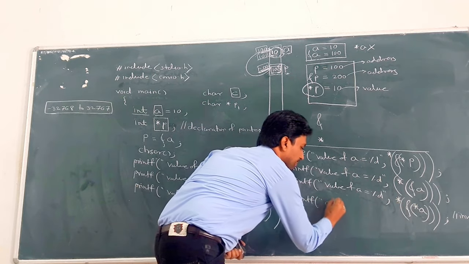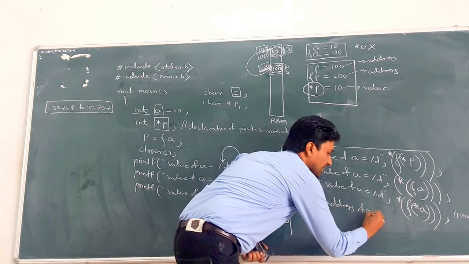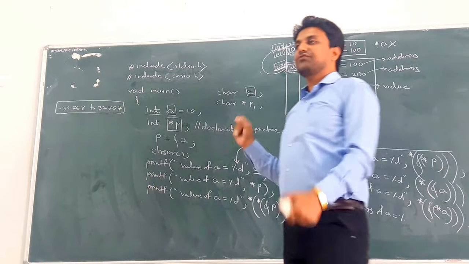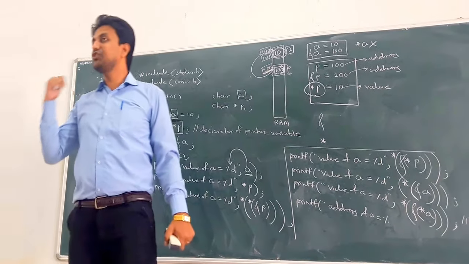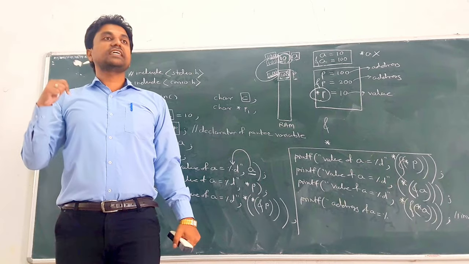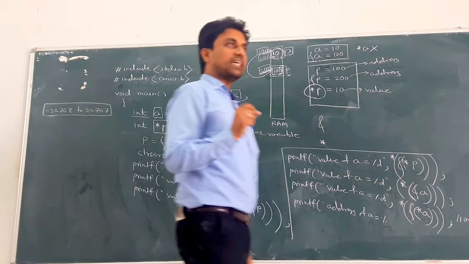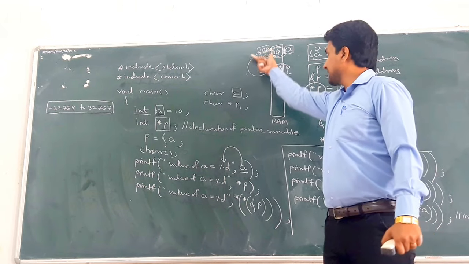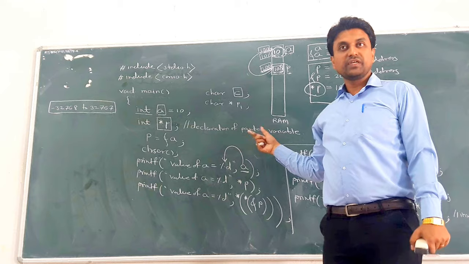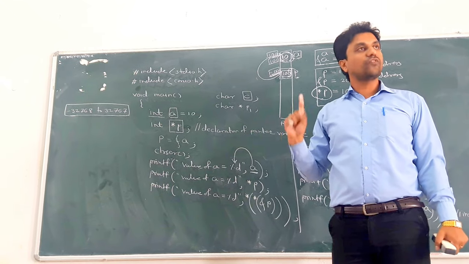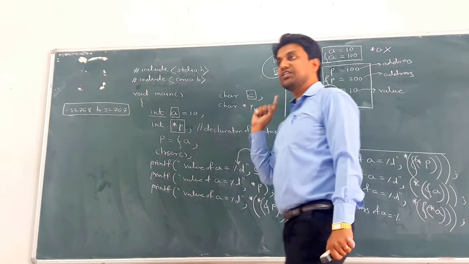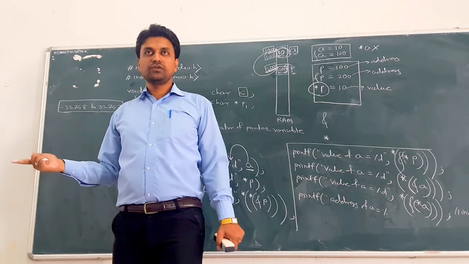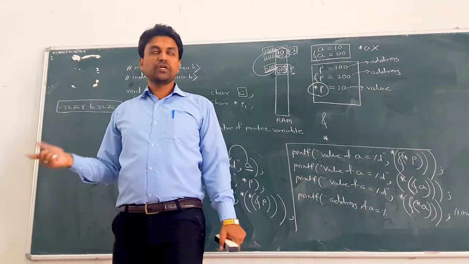Printf "address of a is equal to %". Now to print the address, we can use the formatting type %u or %x. %x gives you hexadecimal, because addresses are in hexadecimal form. That's why use %x as a formatting type, or %u. %u means unsigned integer value, because addresses are not signed.